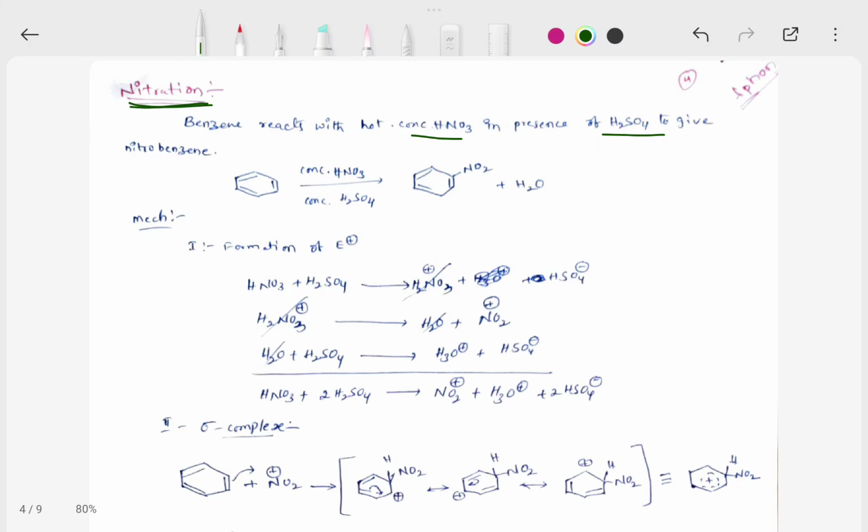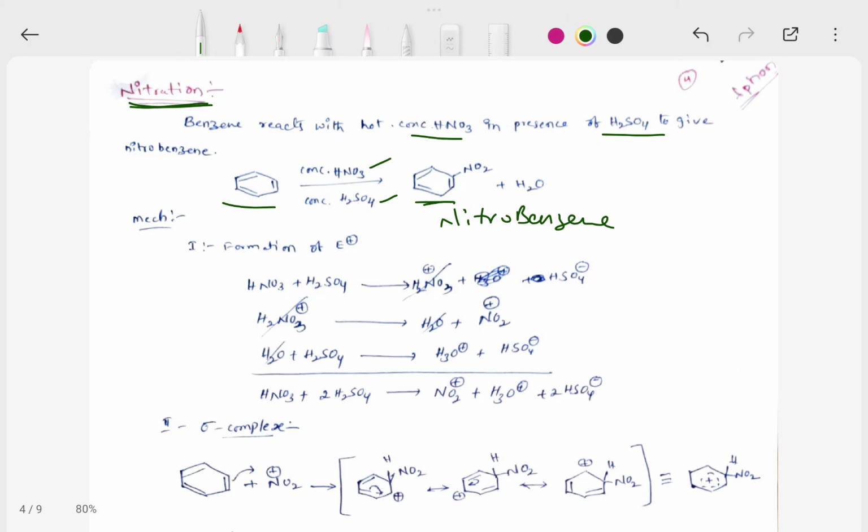This reaction is called nitration. Concentrated HNO3 and concentrated H2SO4 is called nitrating mixture. Benzene in the presence of concentrated HNO3 and concentrated H2SO4 gives nitrobenzene.